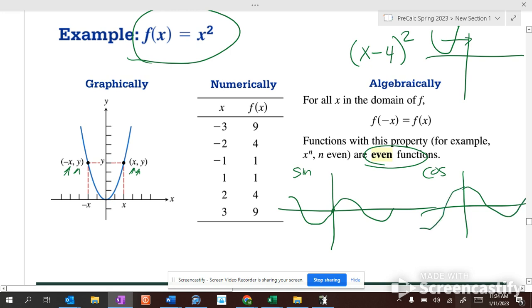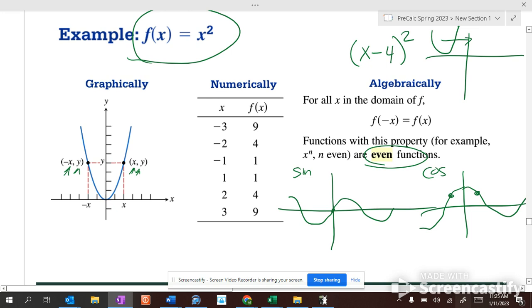Boy, that's a bad drawing. But see how cosine is basically a mirror image around the y-axis, just like a parabola is. Cosine functions were even functions. Sine functions were odd functions because they're a flip and a flip. If you flip and a flip, that's an odd function. If it's just a flip across the y-axis, then it's an even function.